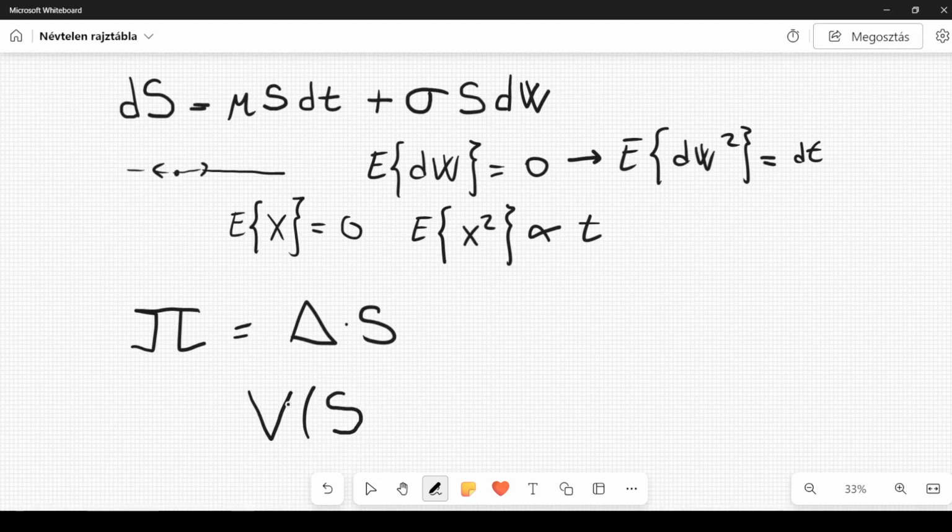So the value of this option depends on the stock itself and also on time. And also remember that S is a function of time. So V will depend on time explicitly here, but might also depend on time implicitly because S depends on time itself.